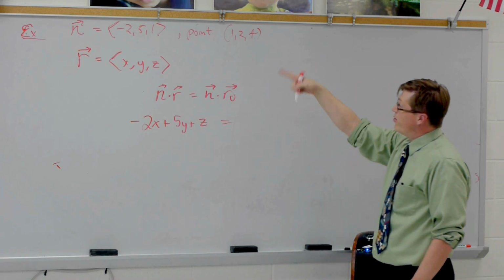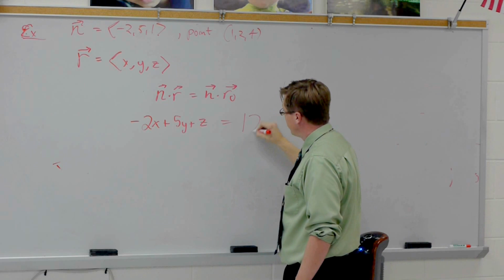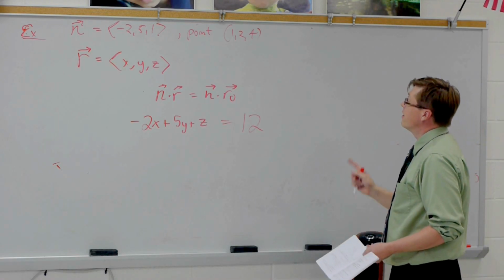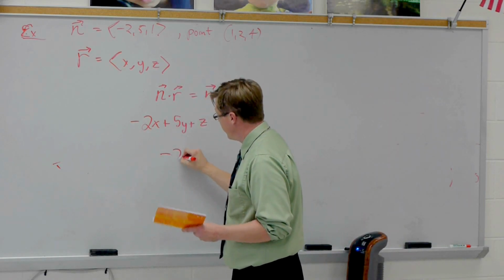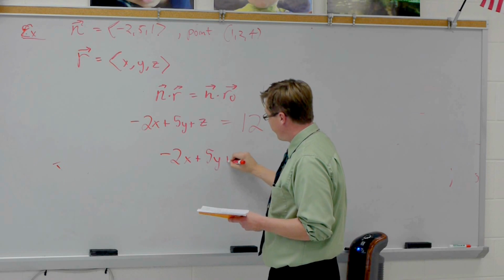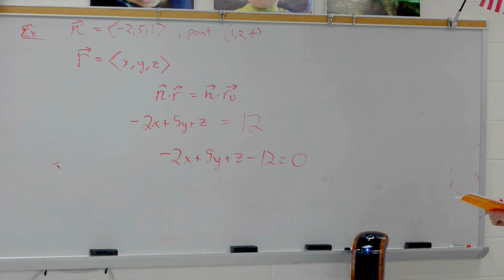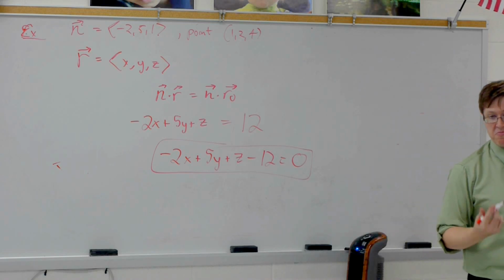N dot r0 is negative 2 plus 10 plus 4, which is 12. And then just bring it over. So negative 2x plus 5y plus z minus 12 equals 0. That's the equation.